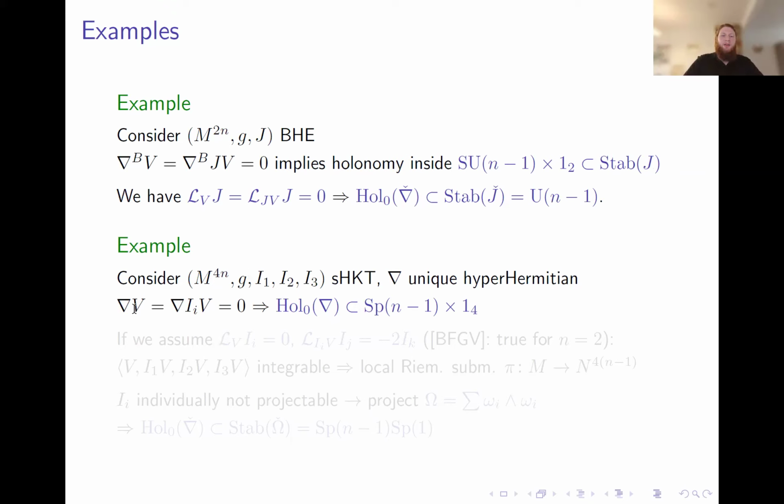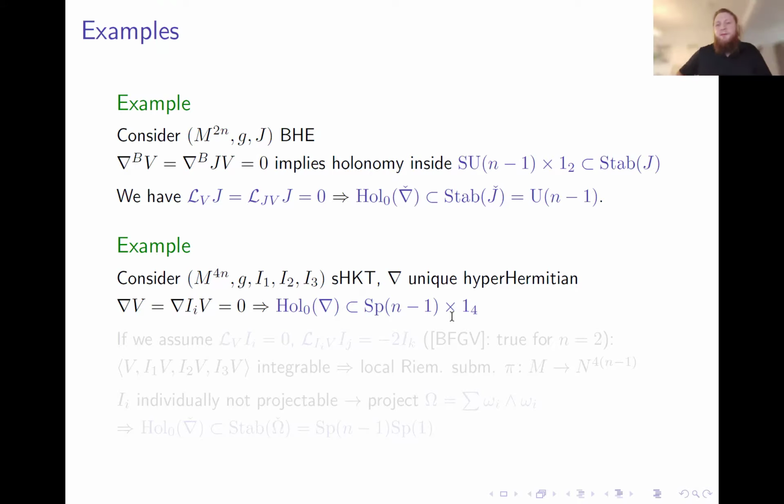So the setup as before applies, and it preserves one vector field V. And because it's hyperhermitian, it preserves also the three vector fields I1V, I2V, I3V. And this implies that the holonomy is, of course, in Sp(n). And because they are parallel, it's actually in Sp(n-1) and has 4 trivial representations.